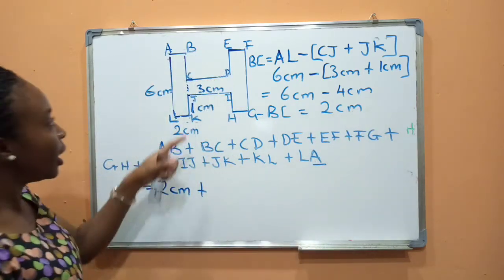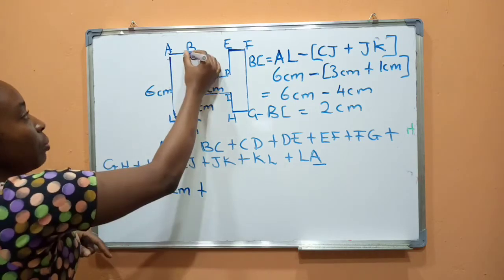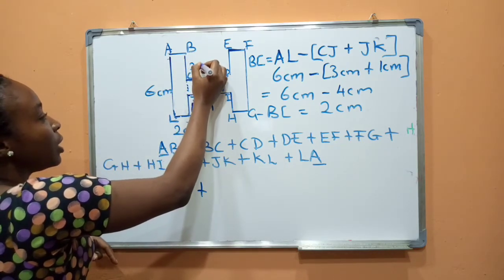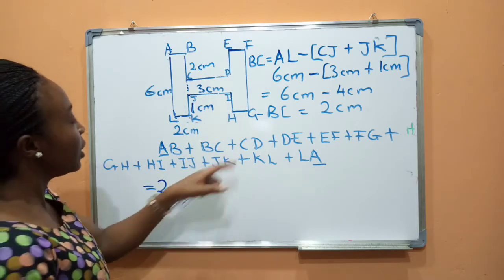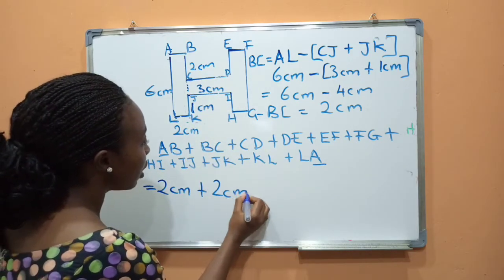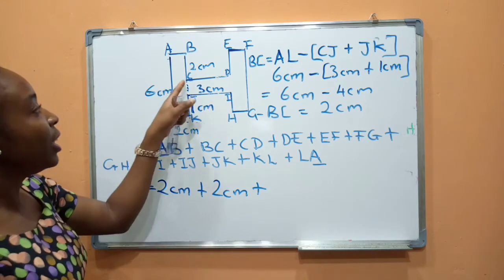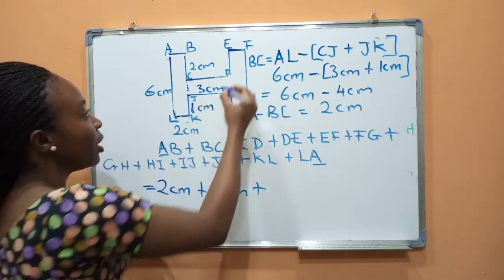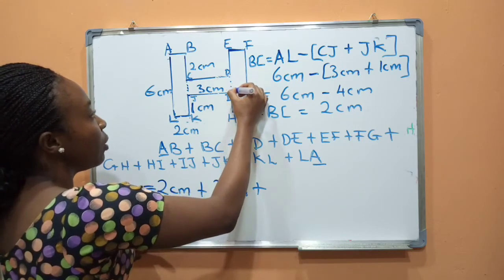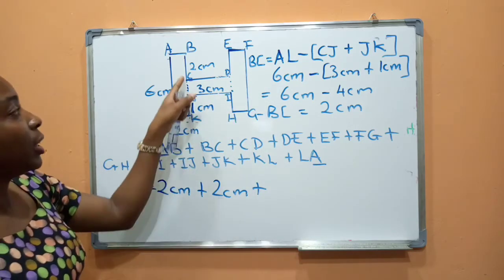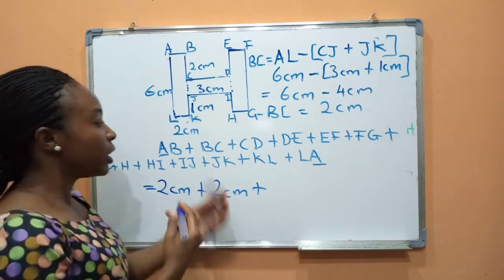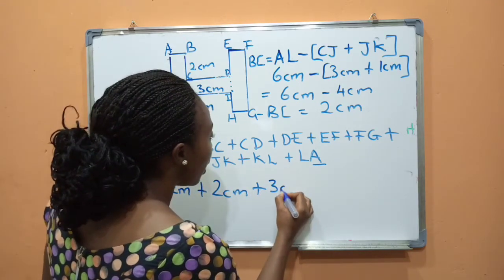So we've succeeded in getting the length of BC, okay? So we now know BC is 2 centimeter. So we can now have BC is 2 centimeter plus CD. Now, if JI is 3 centimeter and this forms a regular rectangle, that means CD is equally 3 centimeter. Remember, opposite sides of a rectangle are equal.